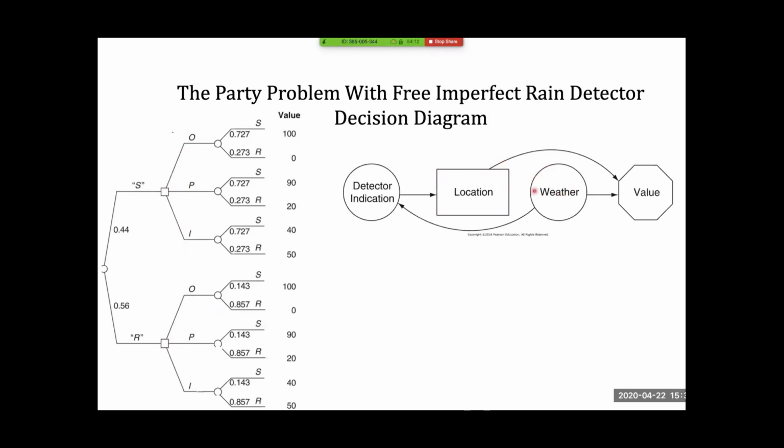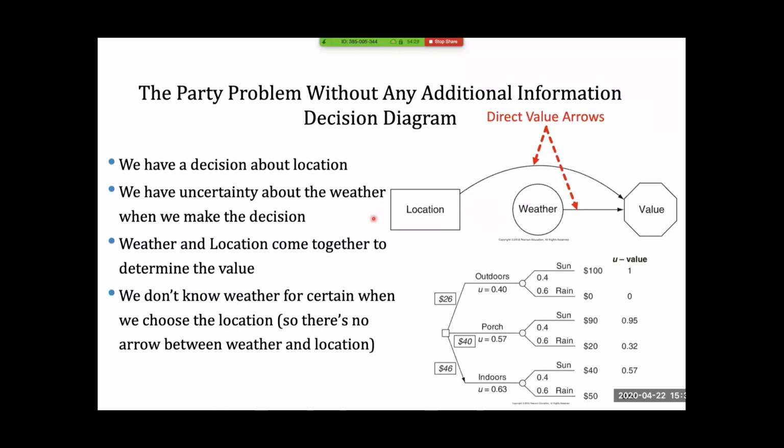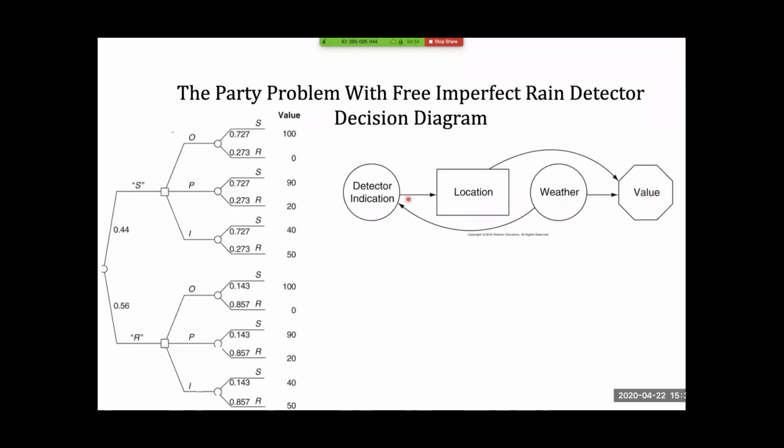Also, we are uncertain about the weather, and we're trying to maximize Kim's party value. Compared to before, we're simply adding one other distinction called detector indication. Before, we didn't have that distinction. Over here, we do have it because we're looking at this decision tree, which is more complicated than the previous one.